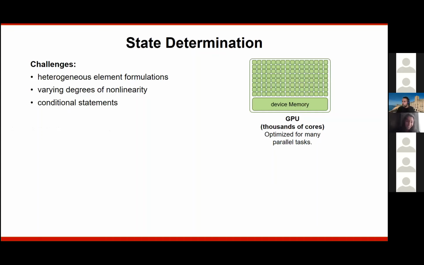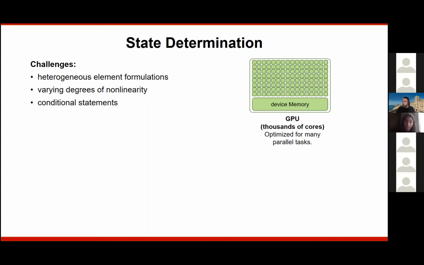I'm close. So let's talk about state determination. There are a number of challenges associated with this. First, we have varying element formulations, so heterogeneous element formulations. Also each of our elements could have varying degrees of nonlinearity. And then each of those materials that we use often have conditional if-else statements.